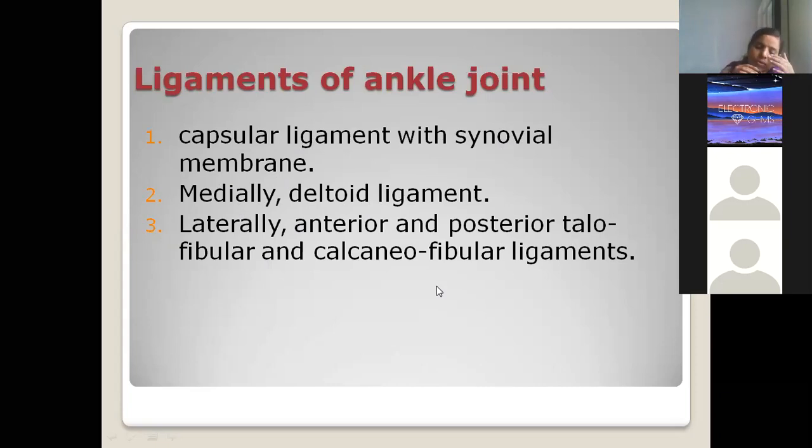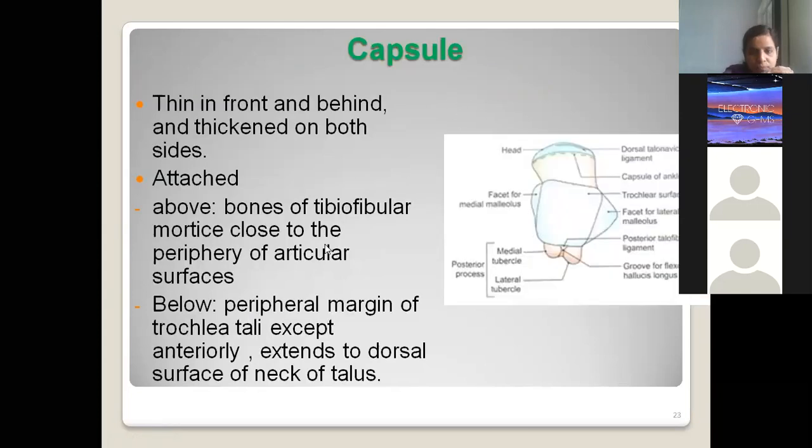As the name suggests, always try to remember the names of ligaments, you can write in your own notes. Anterior and posterior talofibular in the sense between the talus and fibula. From anterior aspect, one ligament, posterior aspect, one ligament. Between the calcaneum and fibula bones also, you will see ligament connection. We call it as calcaneofibular ligament. So this is the list of ligaments what we have associated with ankle joint.